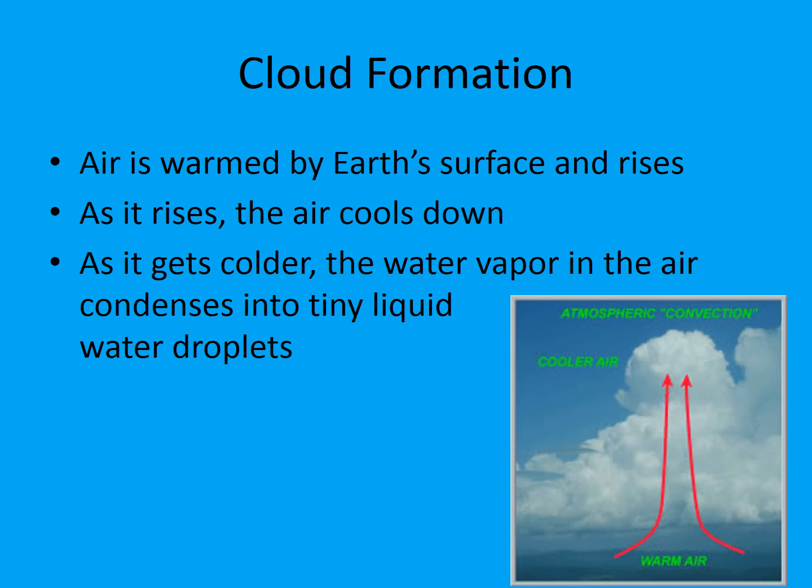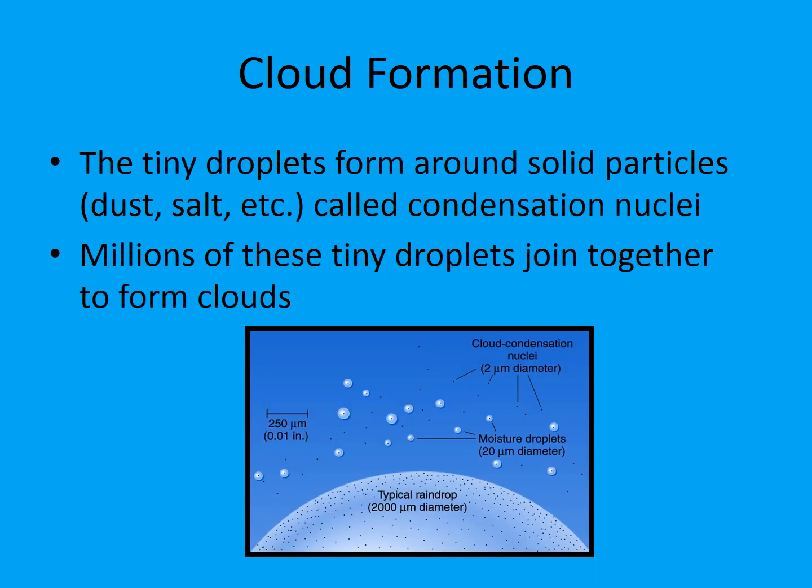And you can see the very first steps are that convection. So air is warmed up and it rises. As it rises, the air cools down. And this is important because the water vapor that's in the air switches from being in the gas form to the liquid form. So it condenses into little teeny tiny water droplets. And those droplets form around the solid particles that we talked about in our last lesson.